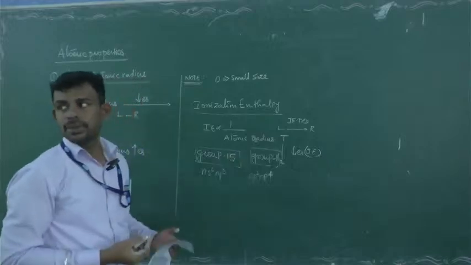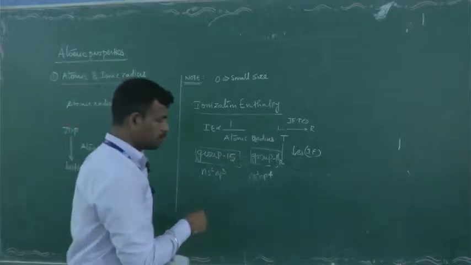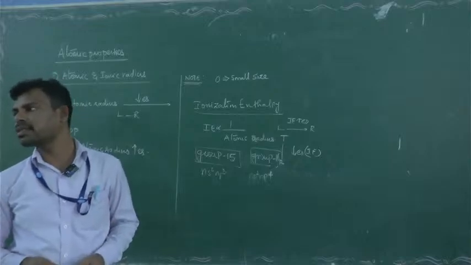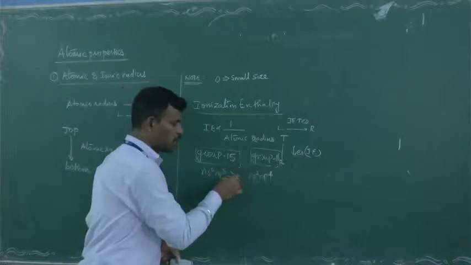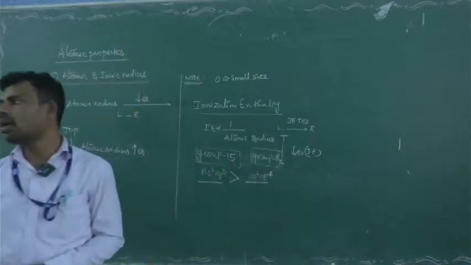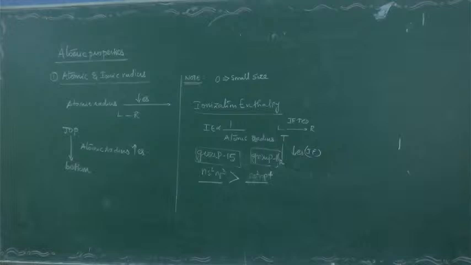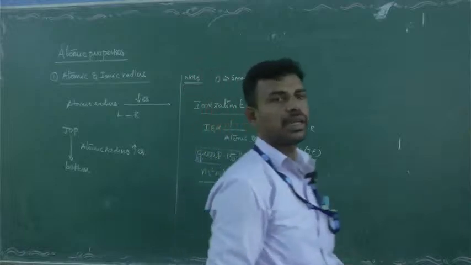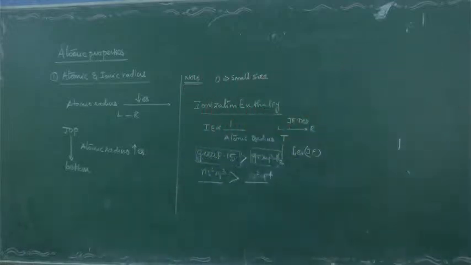Group 15, ns2 np3, has more ionization energy when compared to group 16, ns2 np4, because of the half-filled configuration. The elements of group 15 have more ionization energy than the elements of group 16 because of the half-filled configuration. Is it clear?